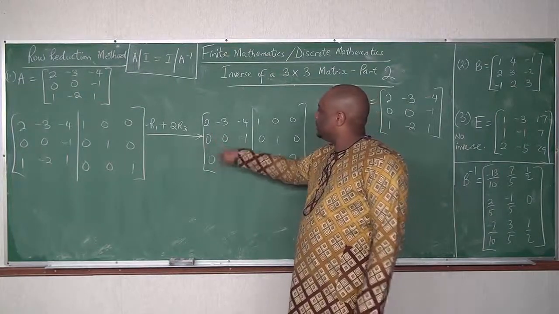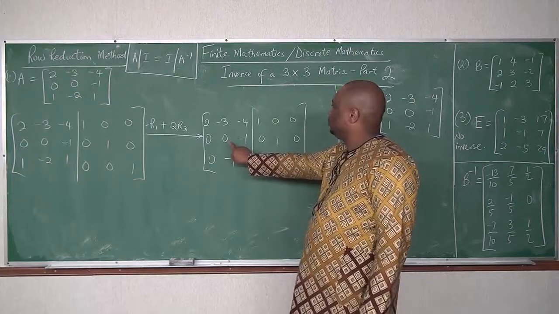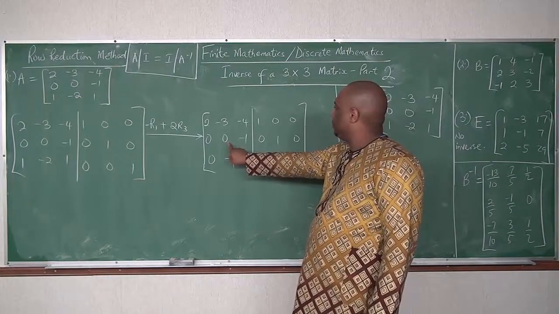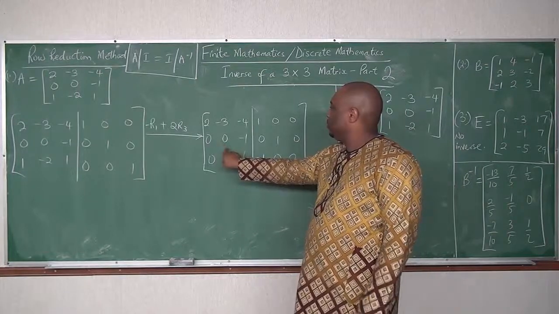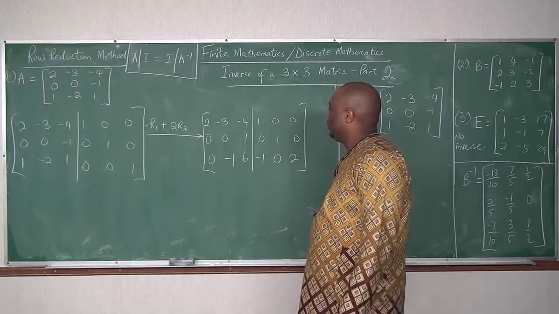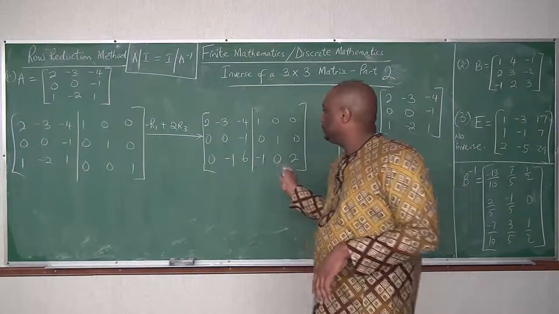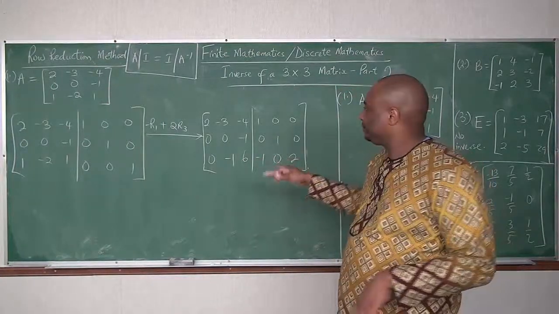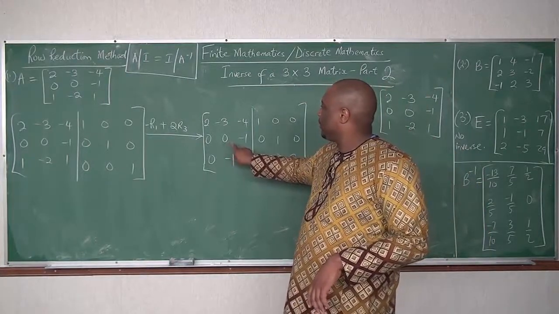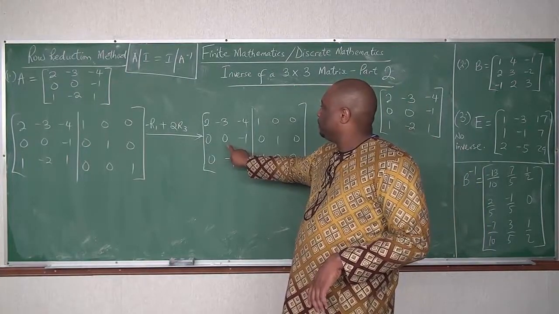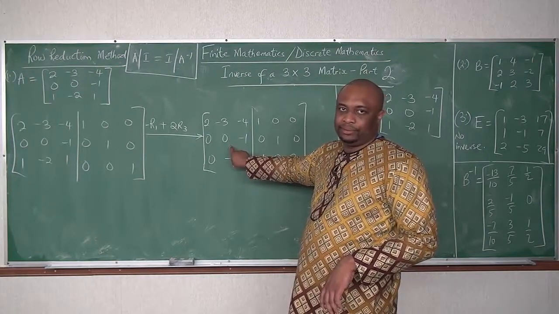So we got this. And now this is supposed to be 1, but it's not 1. So what do we do now? Can we interchange? If you look at this for a minute, you see that this is supposed to be 1, but it is 0.